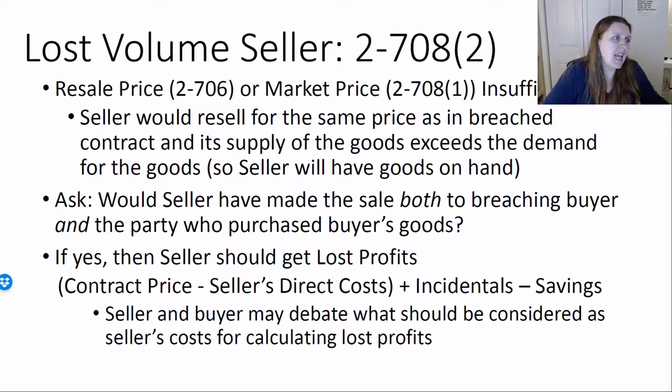And if that's the case, then the seller should get some measure of lost profits, right? That expectation in this case accurately reflects this notion that the profit margin that we lost out on, that as a seller is really what we expected to make in this scenario.